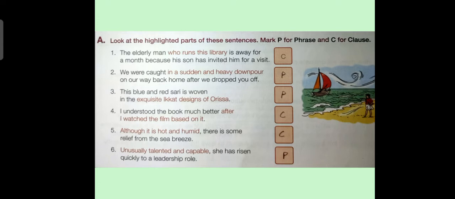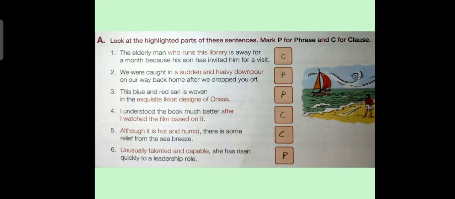Sentence number 4. I understood the book much better after I watched the film based on it. Here, this highlighted part has a subject and verb in it and it is giving a clear meaning. So, you can write C in front of sentence number 4 because this highlighted part is a clause. Sentence number 5.